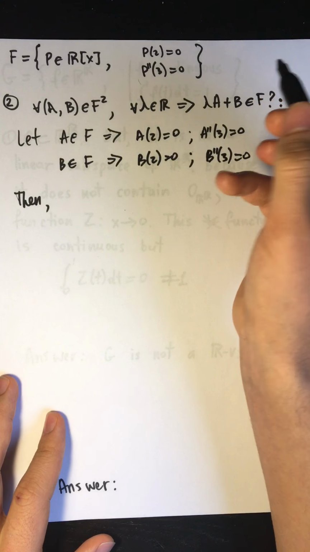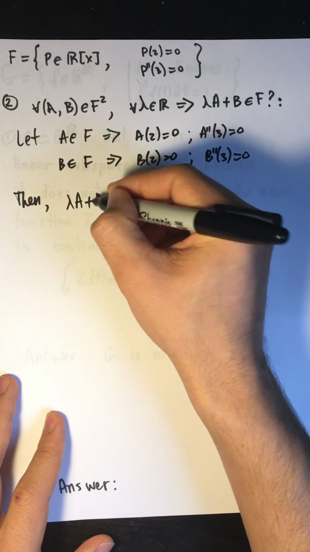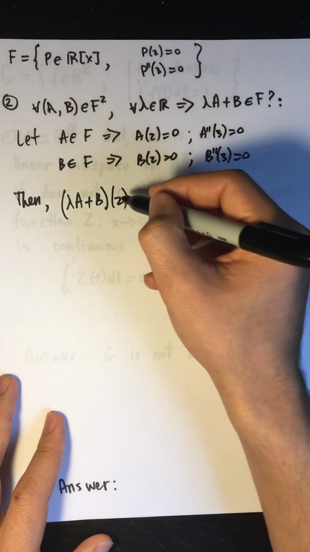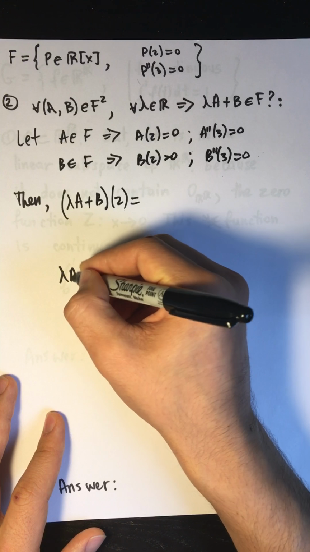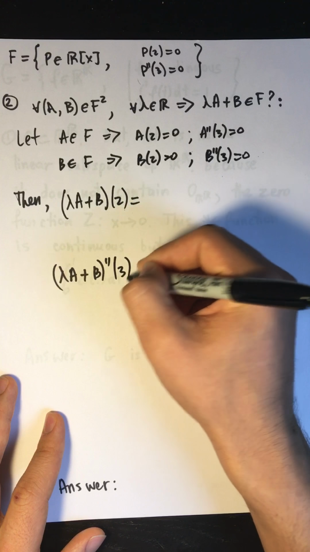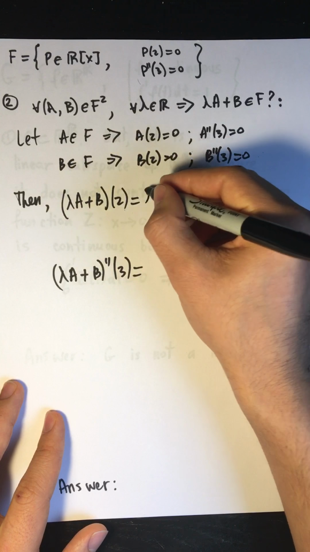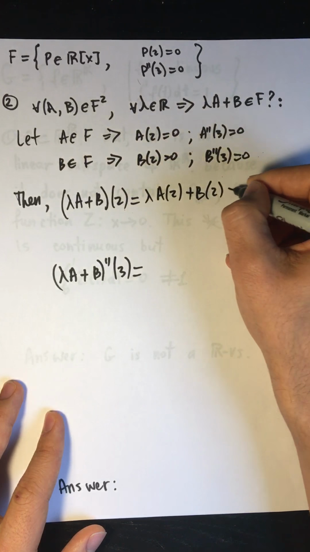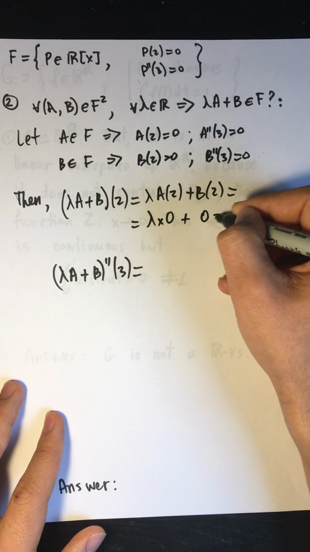Then we need to check this one. Because it's a polynomial, it's quite different. For lambda a plus b, you need to check at 2 whether it's 0 or not, and then check lambda a plus b double prime at 3, whether it's 0 or not. From this you can easily go to lambda a(2) plus b(2), and because a(2) is 0 and b(2) is 0, it's equal to 0.